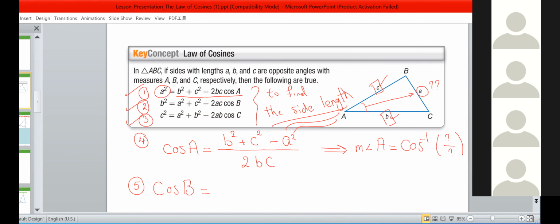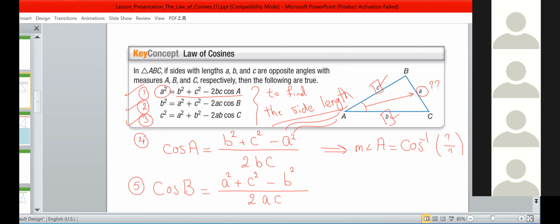A power 2, excellent. Plus C power 2, yes. Minus B power 2, excellent. The letter with cosine is minus, and then over 2 AC.